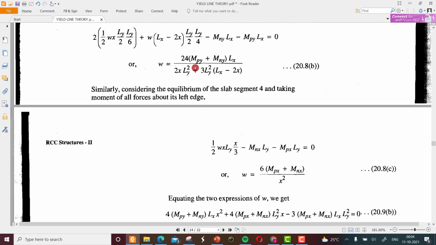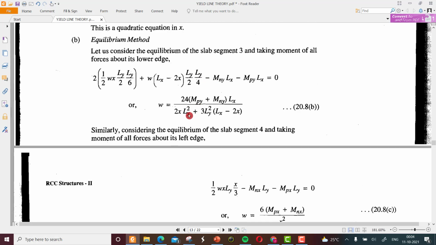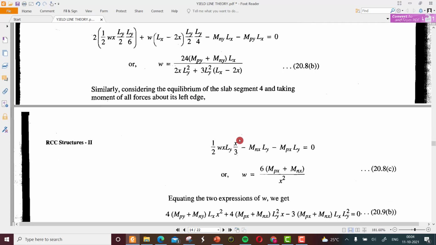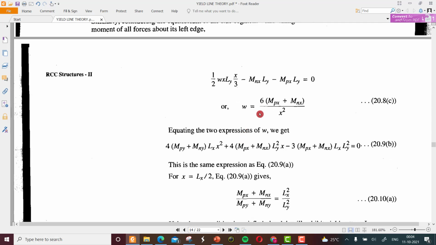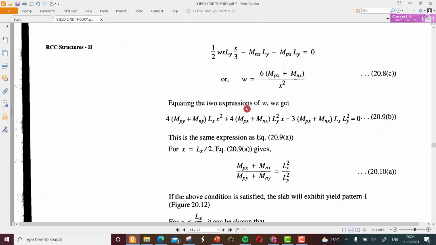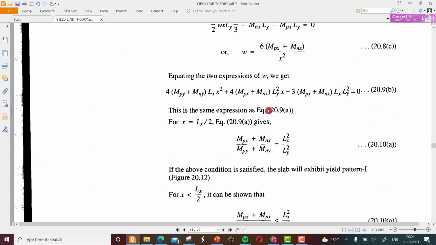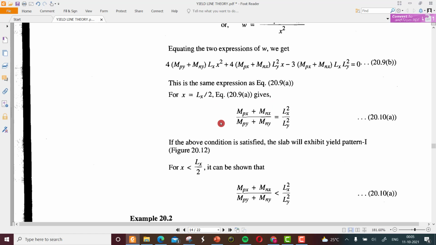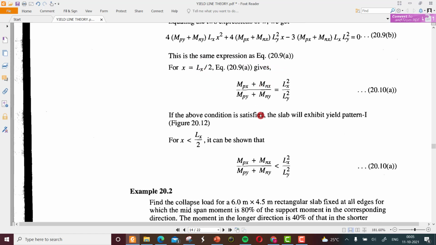24 into (mpy plus mny) into lx by 2x into ly square plus 3 into ly square into (lx minus 2x). Similarly, considering the fourth segment, we will get another W. Equating the two expressions of W, we will get the same expressions as in the previous one.